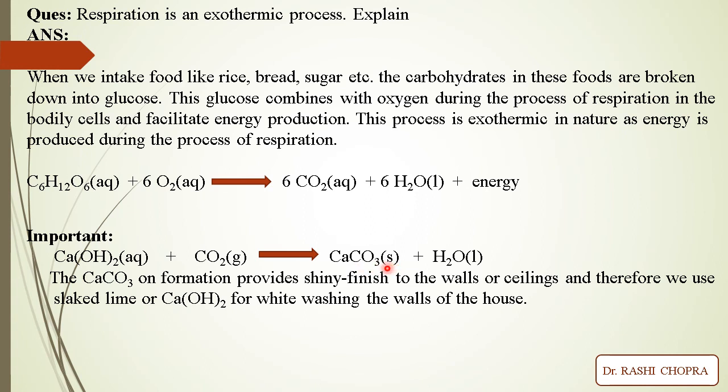That is why after you whitewash, you'll see a shine on the walls and the ceilings. This is only because the calcium hydroxide has reacted with the atmospheric carbon dioxide to give calcium carbonate. This is a very important question which is asked in many Olympiad examinations.